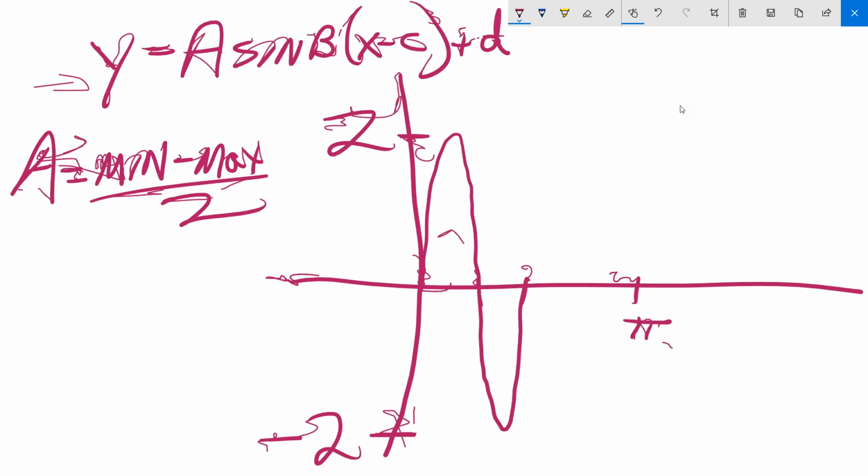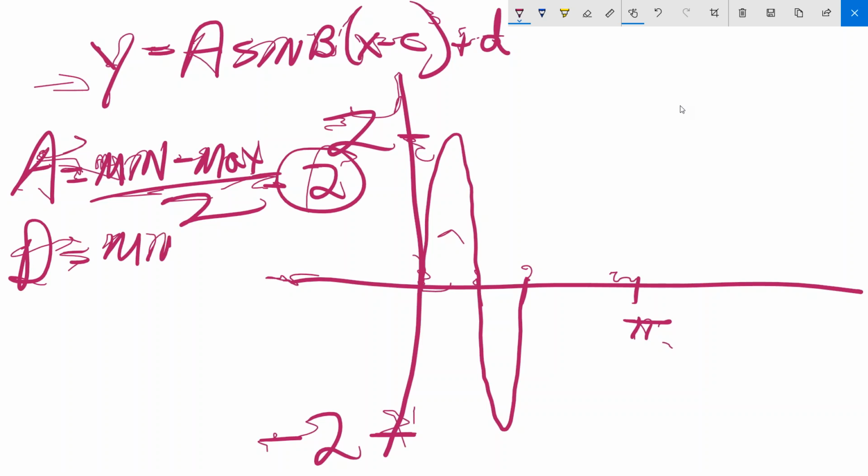What is that in this case? So that's A. D is the next easiest thing, because that's the minimum plus the maximum divided by 2. What's that? In other words, there is no vertical shift again.